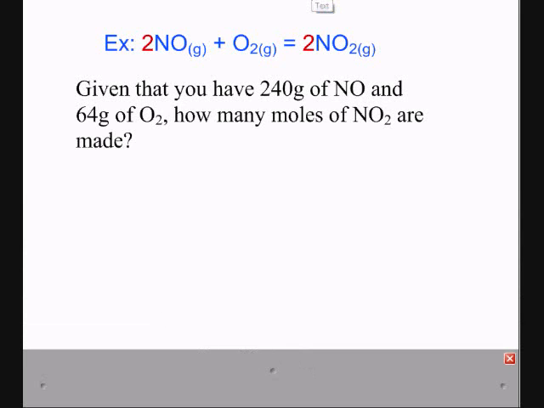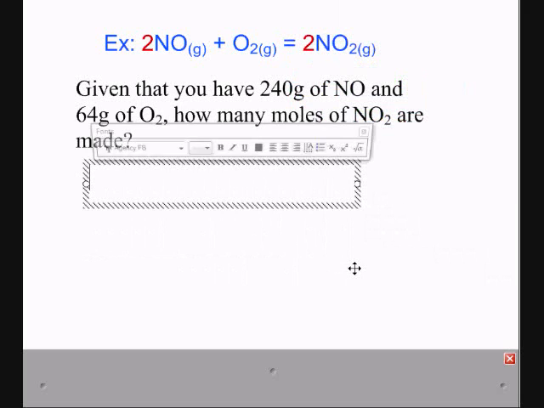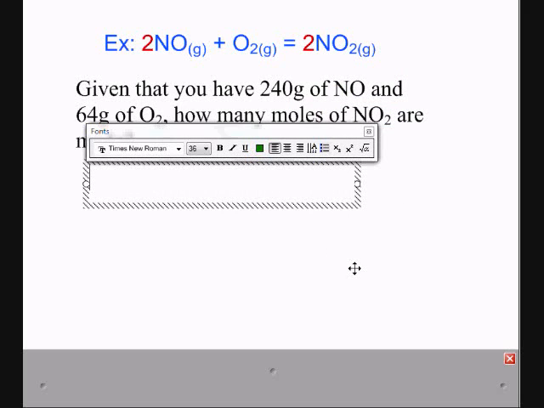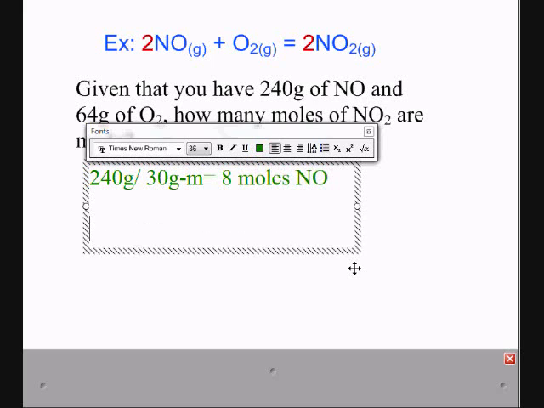Let's take a look here. Well, the first thing I could tell you is the molar mass of nitrous oxide. You should be able to figure that out. Very simple, right? 14 plus 16 is 30. So, if we have 240 grams and the molar mass of it is 30 grams per mole, that means that I should have 8 moles of nitrous oxide gas.